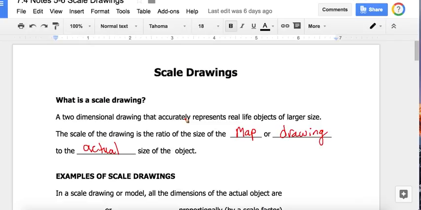A scale drawing takes something that would be too large to fit on a piece of paper and shrinks it down into size. Obviously we can't draw a map of the US at full size, so we use a scale drawing so that we can fit it on one piece of paper.